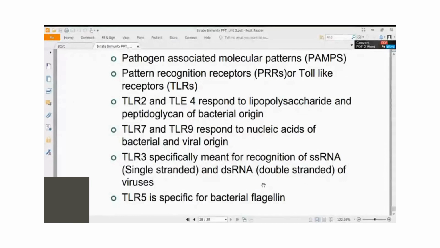You will produce both these systems properly against that pathogen, and you overcome the infection. With the result, you survive and you adapt to it. Once you adapt to it, next time if the same pathogen infects you, you will respond very quickly.